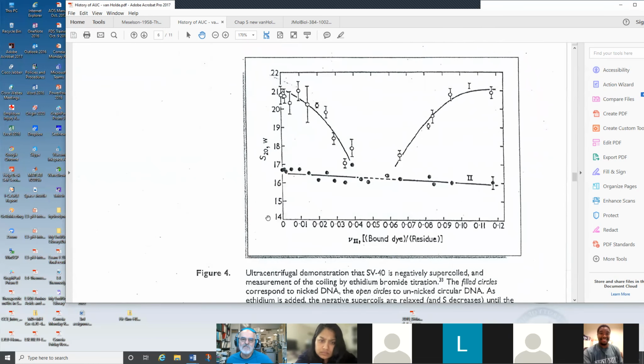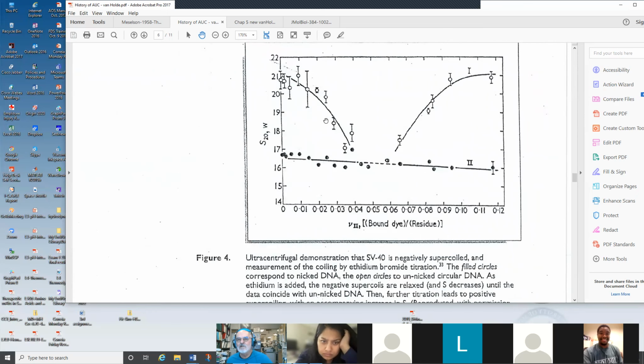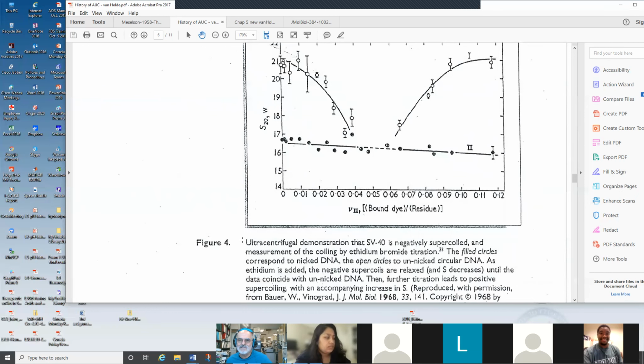This is actually supercoiling, and this is showing you nicked DNA in black and supercoiled DNA in white. And what they're doing is they have some kind of supercoiled DNA, SV40, which some of you may know, and they're adding a drug to it that unwinds it. So they're adding ethidium usually, and it causes an unwinding.